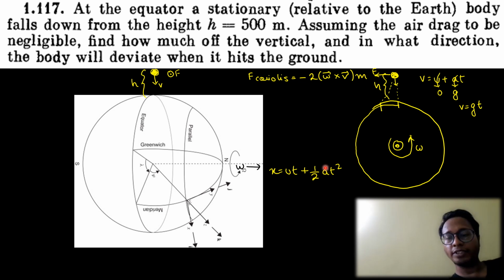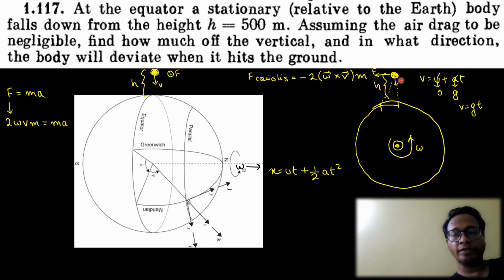Now see, we need to find out the acceleration. You also know that force is equals to mass into acceleration. And what is the component of force in this direction? The only component of force in this direction is nothing but Coriolis force, which is equals to 2 omega v into m, equals to mass into acceleration, where v is a variable given by gt.